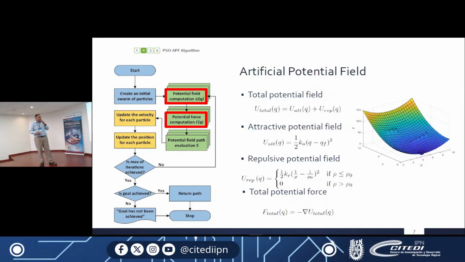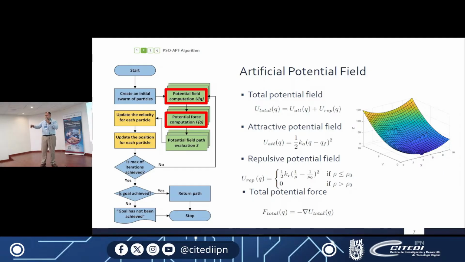This artificial potential field can be explained with a simple analogy. Imagine a piece of paper that represents this room, and the door is the goal for the mobile robot. So we pull down the piece of paper at the goal to create a valley.